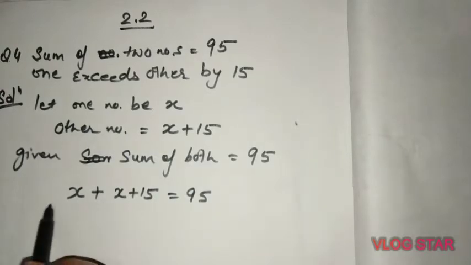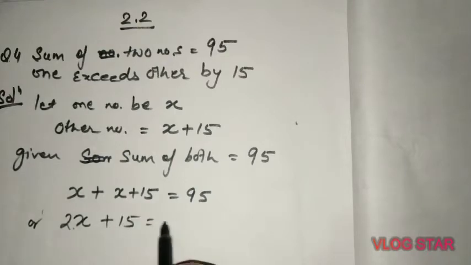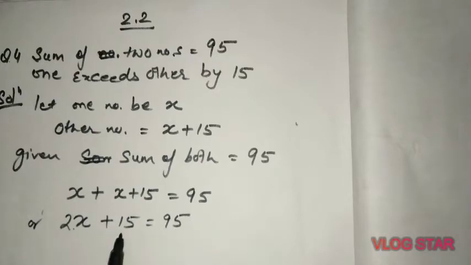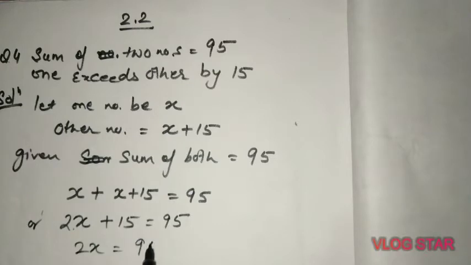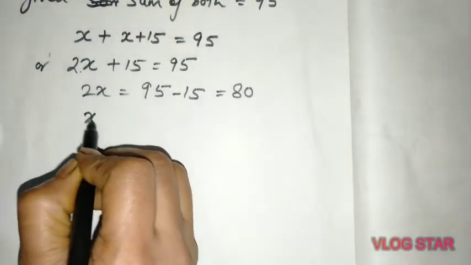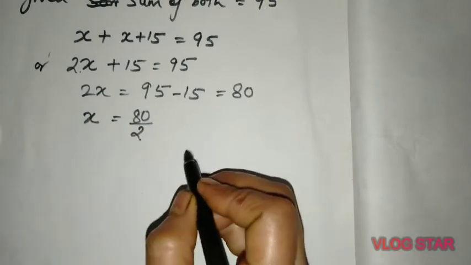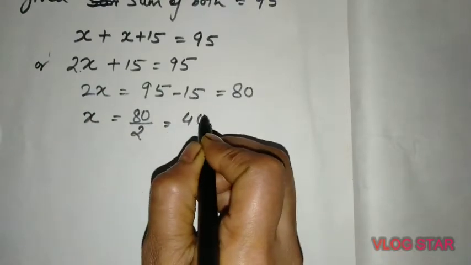Now x plus x is 2x, so 2x plus 15 is equal to 95. This 15 is transferred to this side. 2x is equal to 95 minus 15. 95 minus 15 is 80. So x is equal to 80 upon 2, and 80 upon 2 is 40.